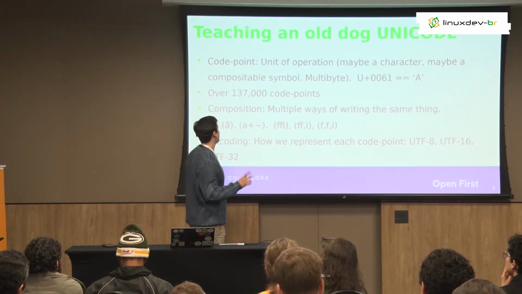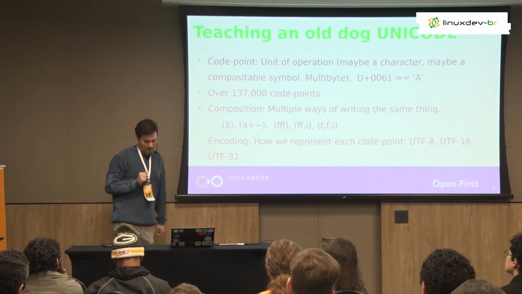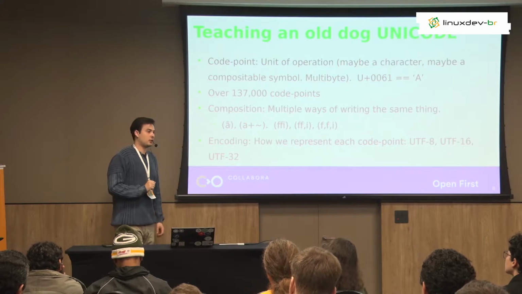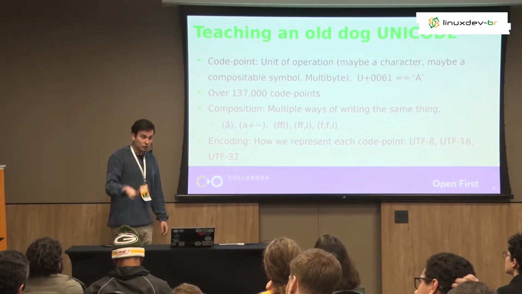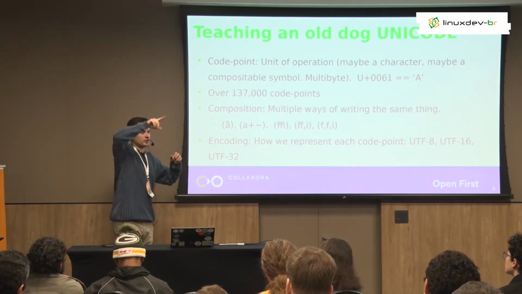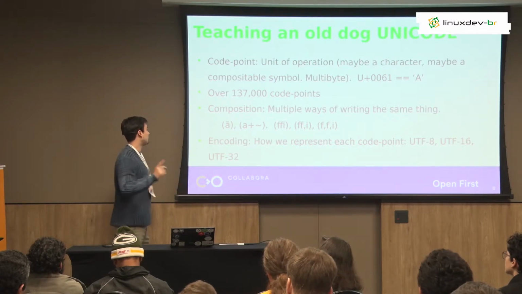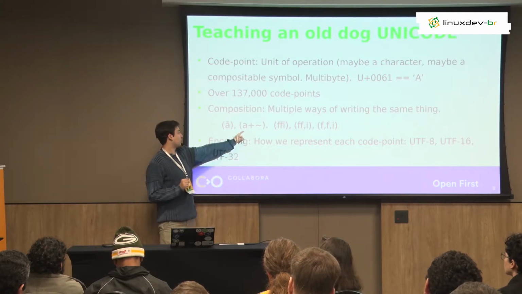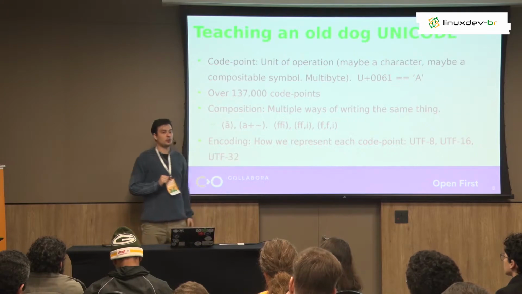So we need a table in the kernel that is smart enough to hold 100,000 code points and not mess up the performance of one of the hottest paths in the kernel. To make our lives worse, remember when I said that you need to compare A with the tilde in uppercase and lowercase? It's way harder than that because Unicode defines this character, but it also defines a composing character, which is just a tilde, and you can combine it with A. And these two need to be treated the same.